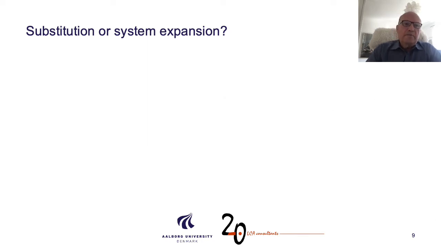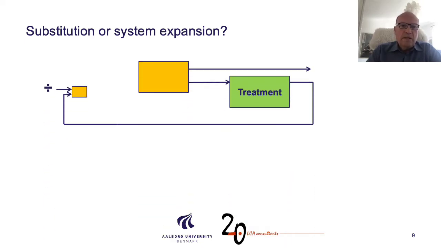The terms substitution and system expansion are sometimes used as synonyms. We can say that what happens in substitution is basically that we have an output of a byproduct that is sometimes treated, if necessary, and then it feeds in somewhere in another process where it displaces an alternative production route.